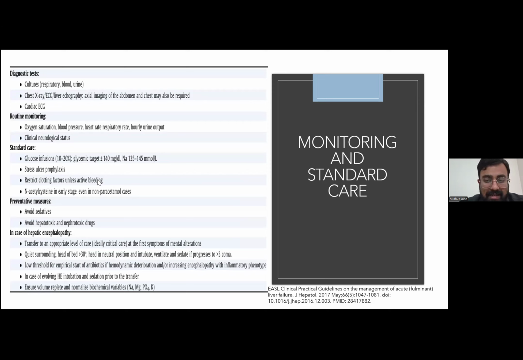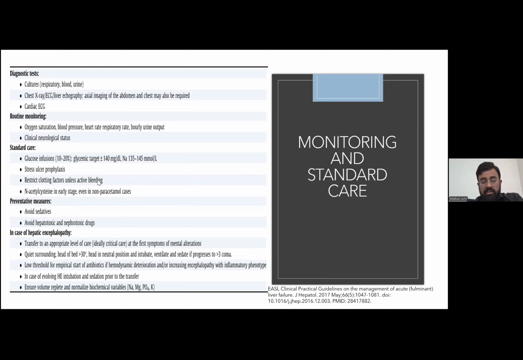Then we provide standard care to prevent our usual suspects in these patients, such as hypoglycemia, with stress ulcer prophylaxis. We need to look out for all the potential complications that could take place, and the standard care needed for that is vitally important.